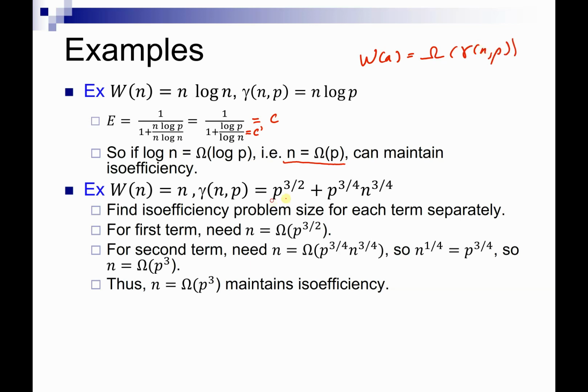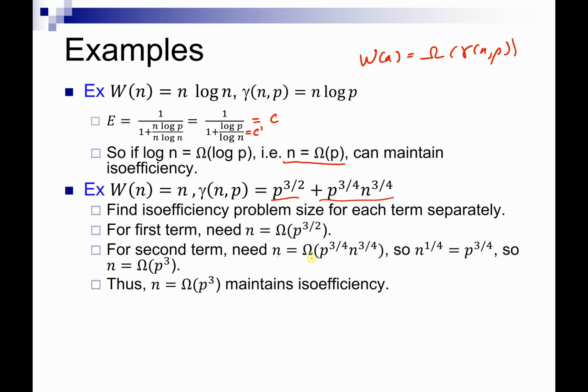Since we have two parts for this overhead term, we're just going to do this separately. We need W of n to be omega of the first term, omega of p to the 3/2. And then we also need W of n, which is equal to n, to be omega of the second term.